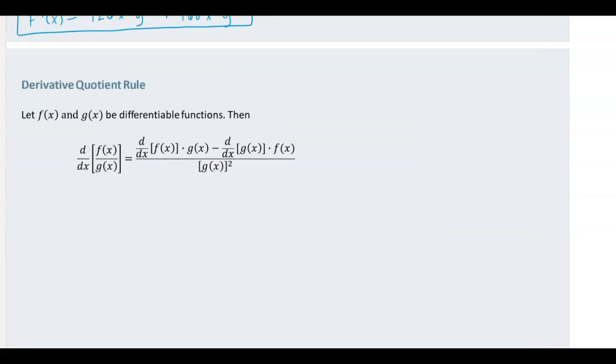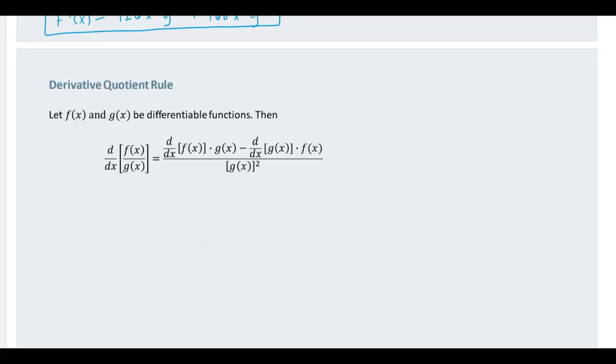The other theorem that we're looking at is the quotient rule, which is when you have 2 functions which are differentiable that are being divided. So I want to take the derivative of this quotient. This is a little bit more complicated, but if you look at the numerator, it looks the same as the product rule in a way.